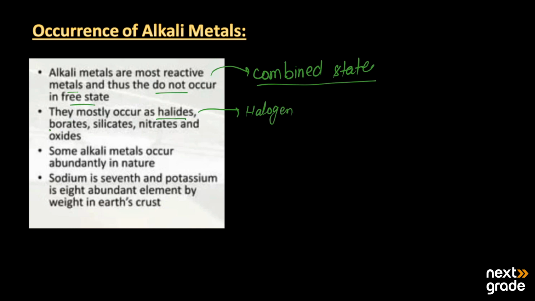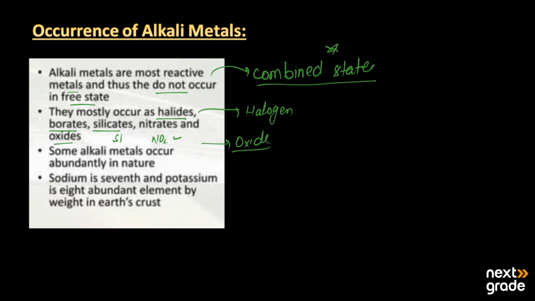They may also exist as borates with boron. They can react with silicon, they may react with nitrogen dioxide and change into nitrates, and they may react with oxygen and make oxides. So they always exist in combined states.